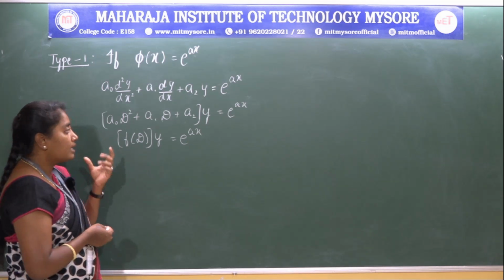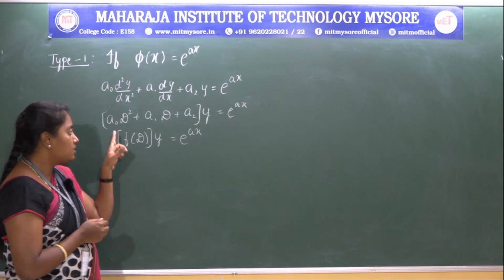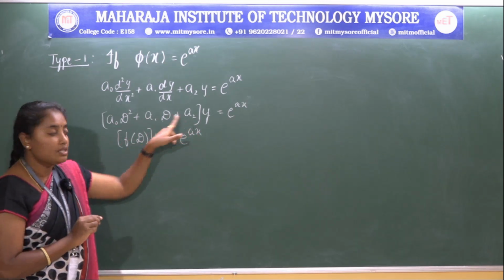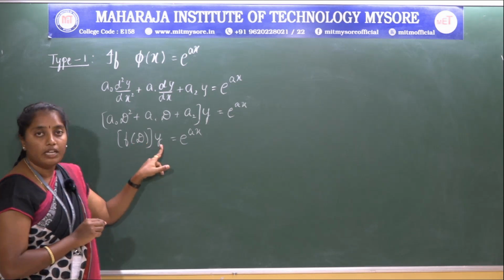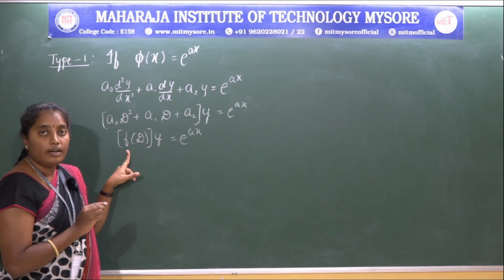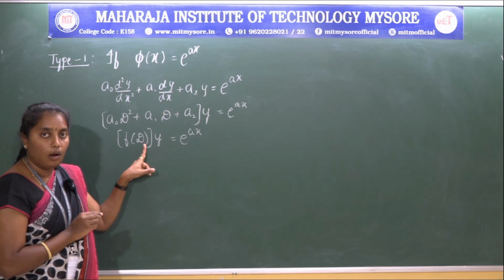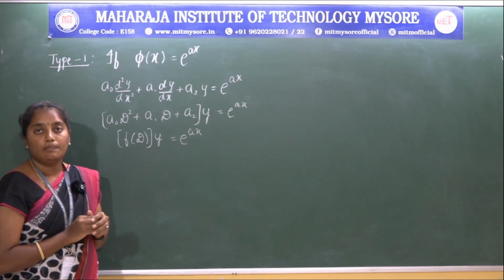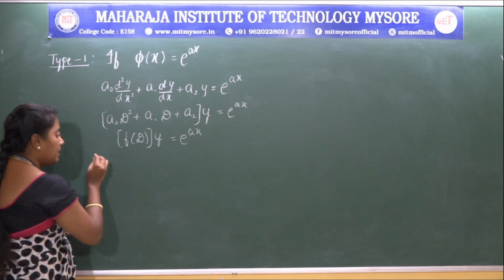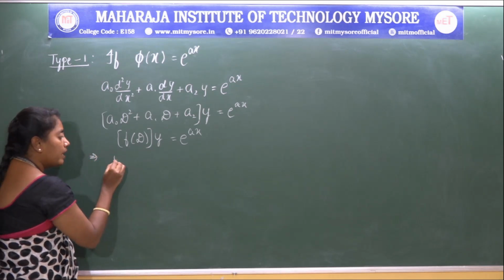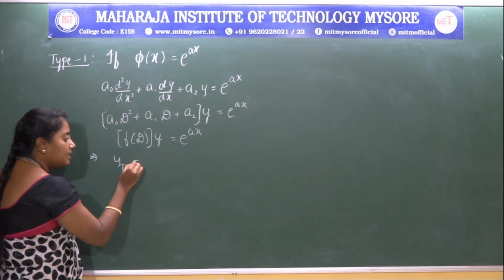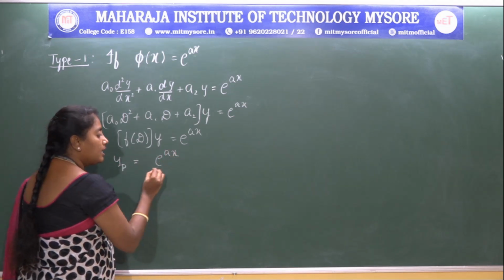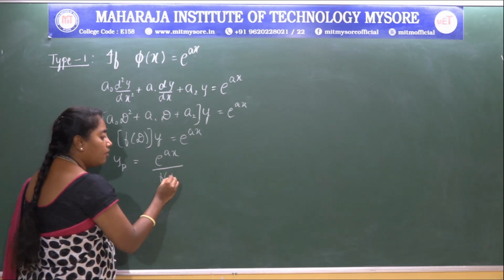So now, to write the particular integral of this equation, we have to write the differential operator equation as f of d of y, where f of d is called the function of the differential operator and y is the variable, is equal to e power of ax. Then the first step to find the particular integral is e to the power of ax divided by f of d.